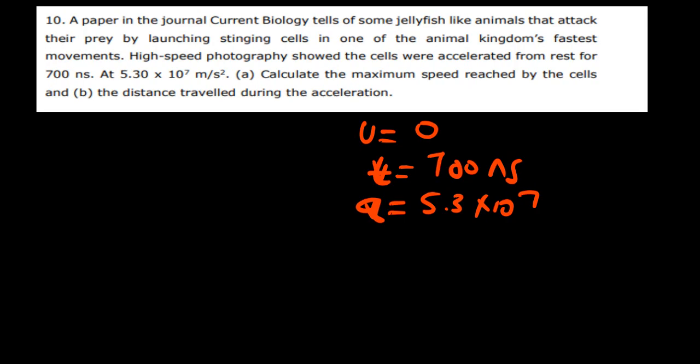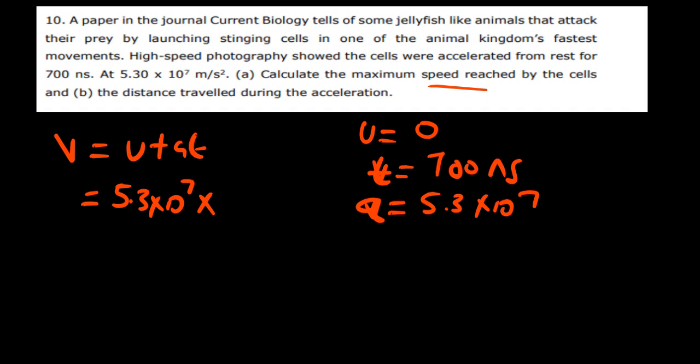So what are we going to do? We are trying to calculate the maximum speed. So v is equal to u plus at. Our u, we're saying starting from rest, so it's 0, plus at. Our acceleration is 5.3 times 10 to the power 7 multiplied by the time. The time is 700 nanoseconds, so 700 times nano just means 10 to the power -9.